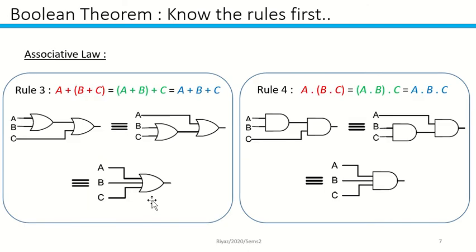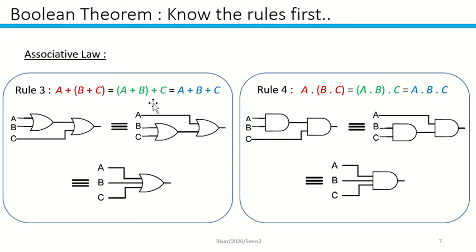Next, the associative law. Rule number 3: A plus in brackets B plus C is equal to A plus B in brackets plus C. You can see the circuit. This is the response of the red color, and this is the response for the green color.